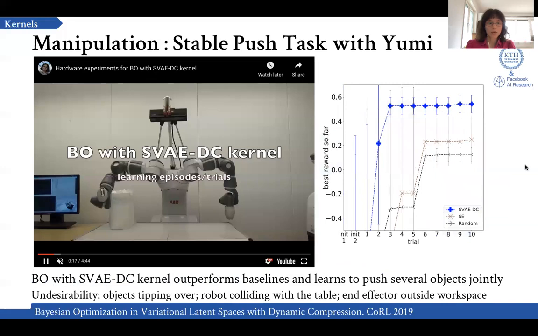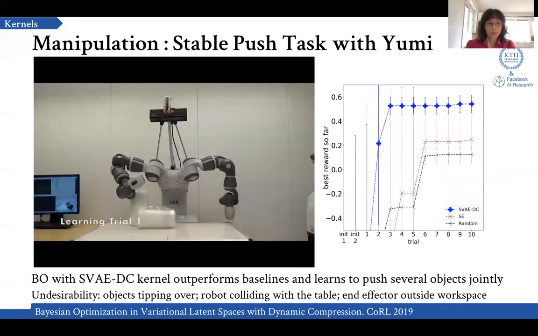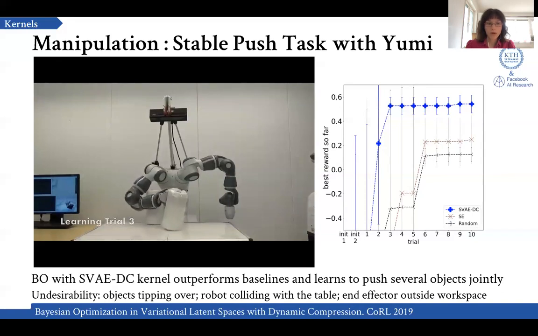All right, so let's take a look at the hardware results. This is a stable pushing task where the robot's objective is to push 2 paper towels to the middle of the table without tipping them over. You can see here that there are a few random trajectories sampled at the beginning, and very quickly we're able to identify the behavior that is reasonable.